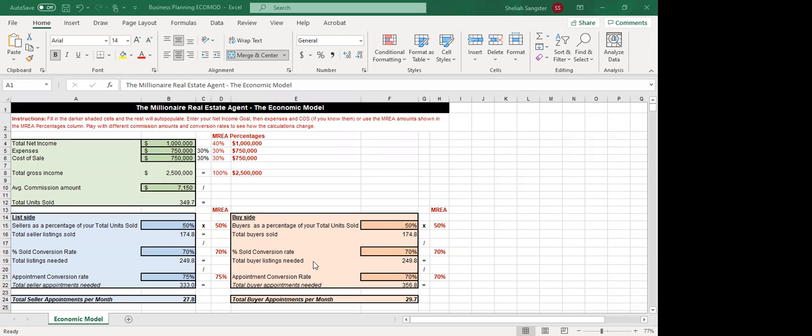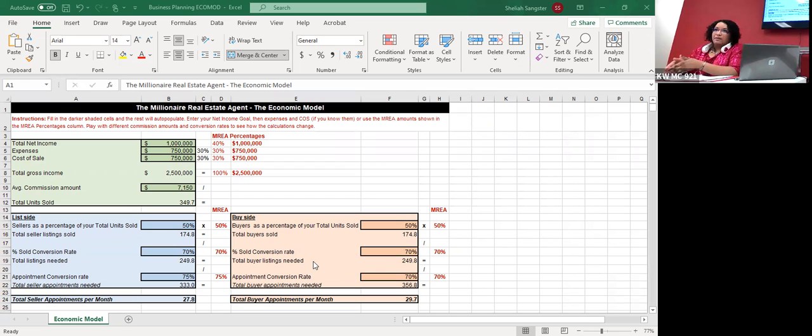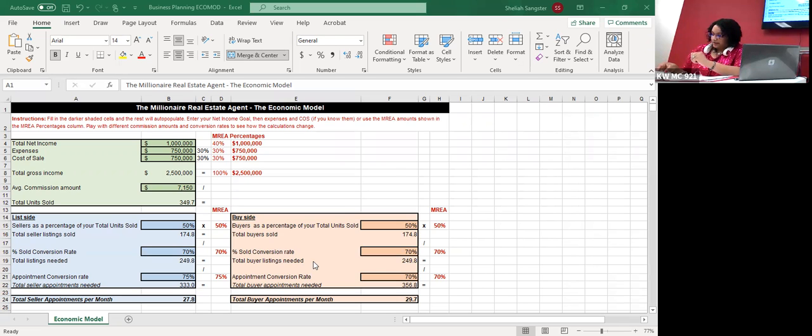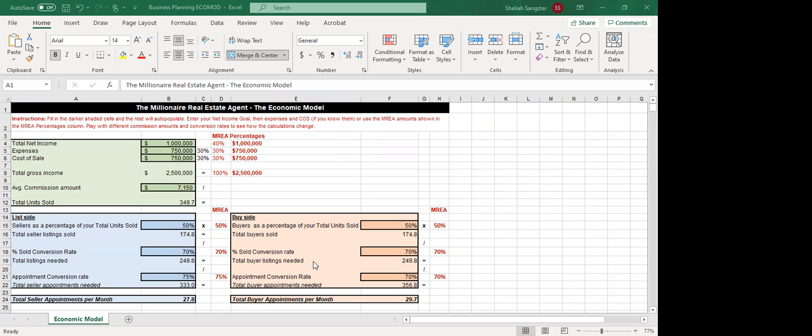And then you have your buyer agent cost of sales, which will probably be a whole lot more because you're going to be paying buyers agents to show these properties and help you grow this business. And so the two together will equal 1 million in net income.